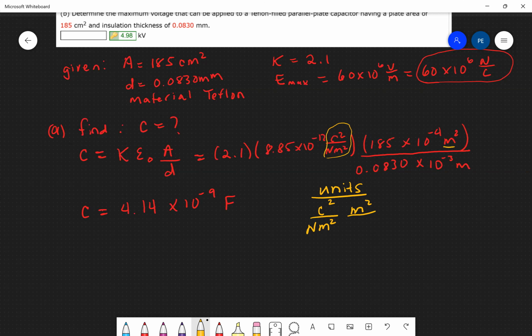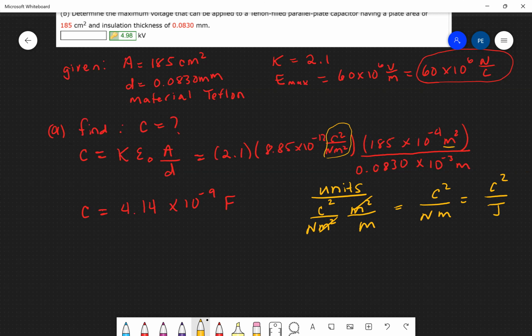and that's divided by meters on this side. So our meters squared and meters squared are going to cancel, and we're left with coulomb squared divided by newtons times meters. Well, I know that this coulomb squared is going to stay, but this newton times a meter is equal to a joule, if you recall from last semester.